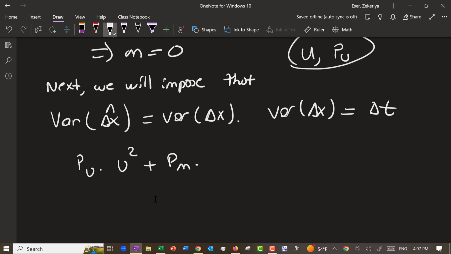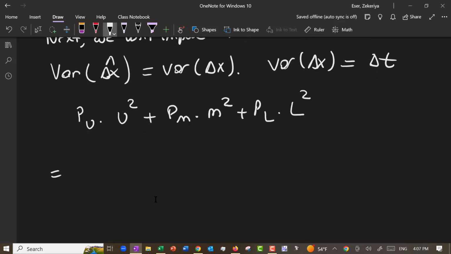Plus PM times M squared plus PL times L squared. Well, PU times U squared, M is precisely 0, and PL is PU times L, which is negative U, that's U squared.